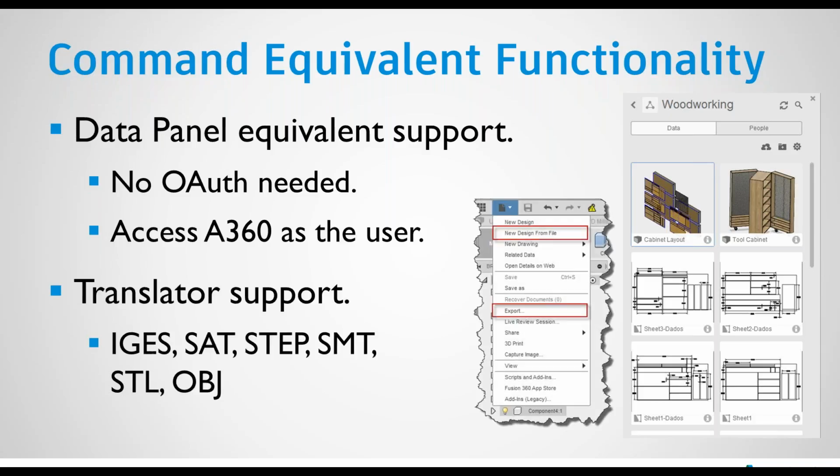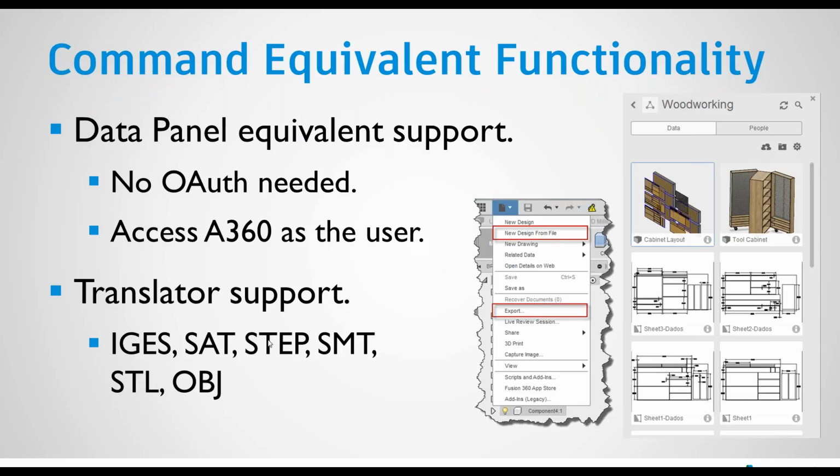There's also some translator support. This is kind of like Model Derivative, but again, no OAuth. I'm not having to connect to any service; it's just whatever Fusion supports locally for translation. Fusion has this export command and also this new design from file command to let me read in models and export to write out.